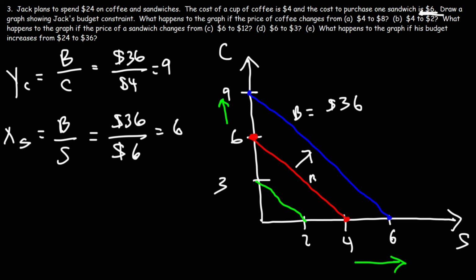The red line represents a budget of $24. And the green line represents a budget of $12. So to summarize what we've just learned here, as the budget increases, the budget constraint line extends outward. As the budget decreases, the budget line contracts inward.